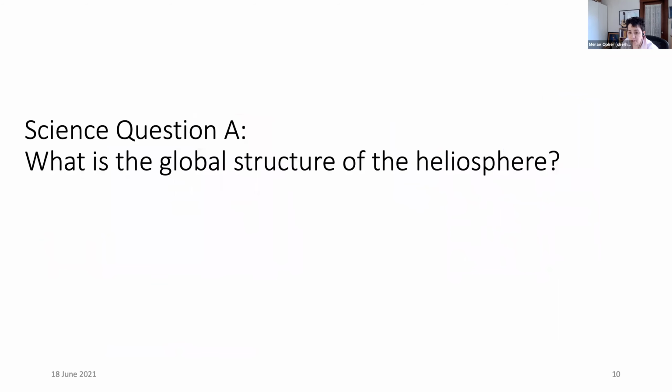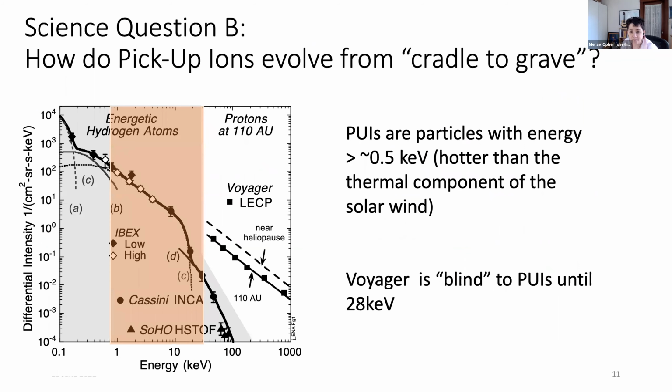So the other question that I want to discuss is what the heliosphere looks like. And before I go there, the properties of the pickup ions that I said are so important, we would like to understand them.